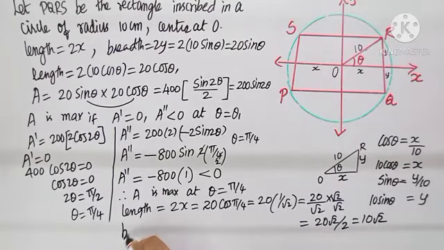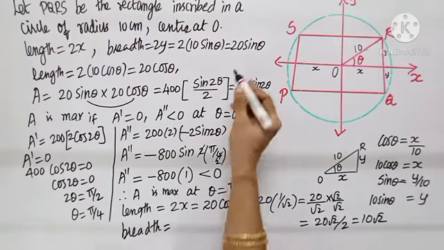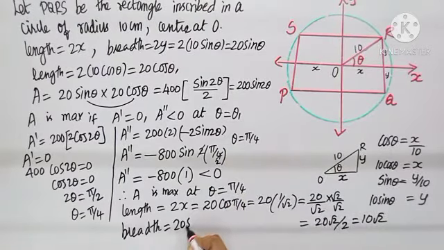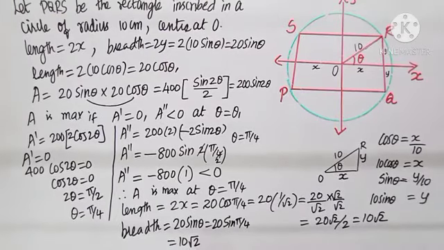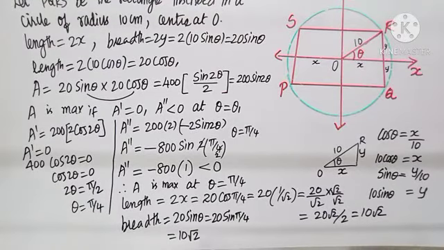Similarly, breadth equals 20 sin theta, that is 20 sin pi by 4, the same answer, that is also equal to 10 root 2. So we have found out the length and breadth of the rectangle.